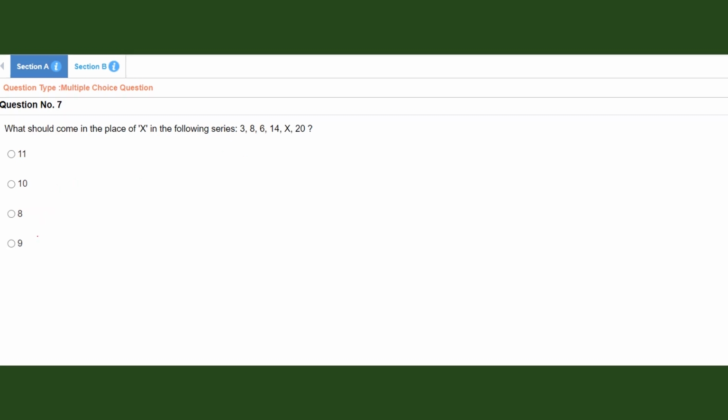So question number 7. What should come in the place of x in the following series 3, 8, 6, 14, x, 20? Is it 11, 10, 8 or 9? We will write the series like this. We will divide into 2 parts. 3, 6 and x, and we will write 8, 14 and 20.